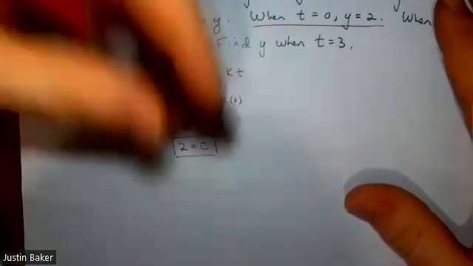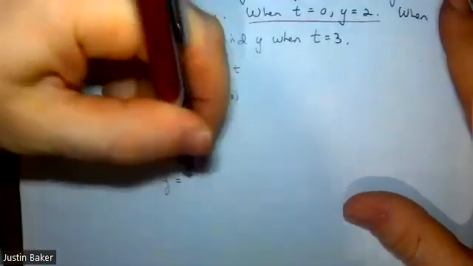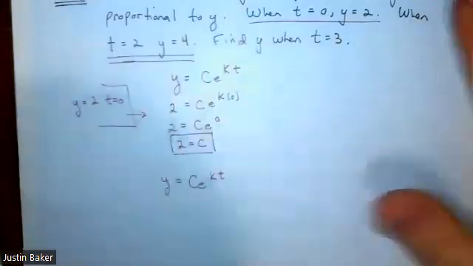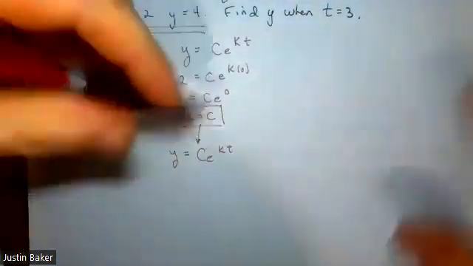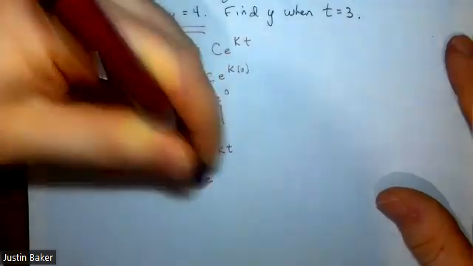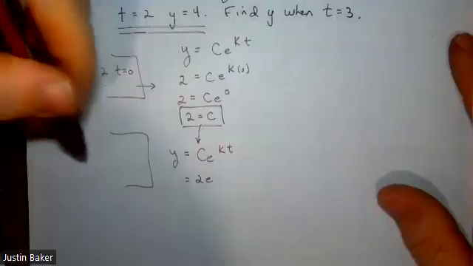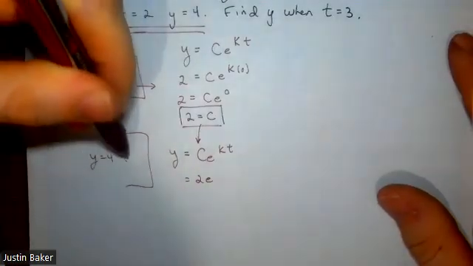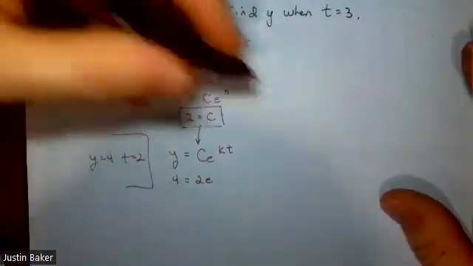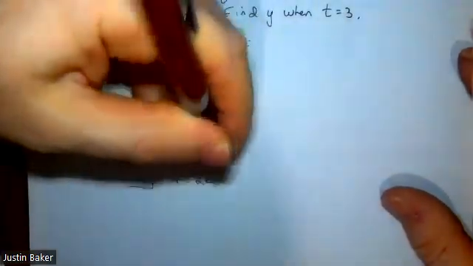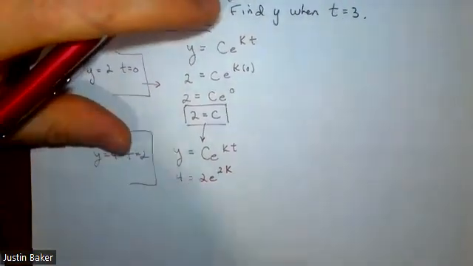Okay, so now we have that same formula, y equals C e to the k t, except what do we know about C now? Now in this version of it, we know that C is equal to 2. And now when we plug in, what are we plugging in? t equals 2, y equals 4. So when y equals 4, t is 2. So if t is 2, that's going to be 2k. Okay.